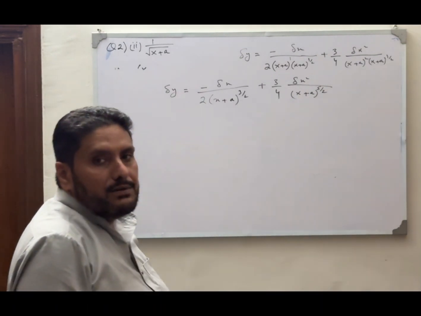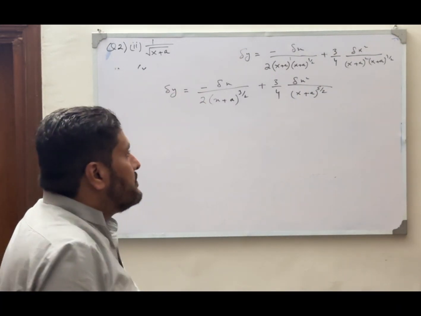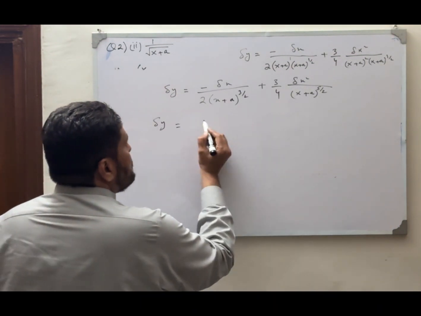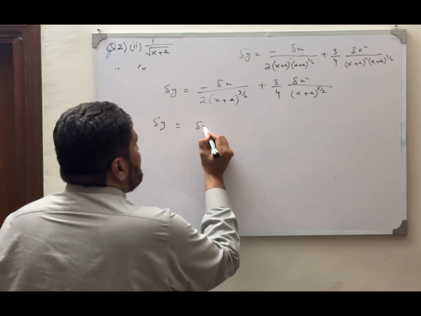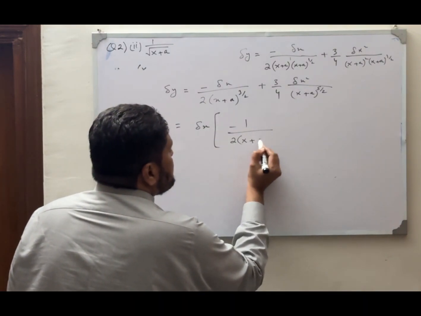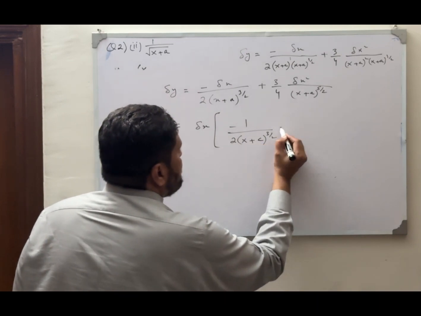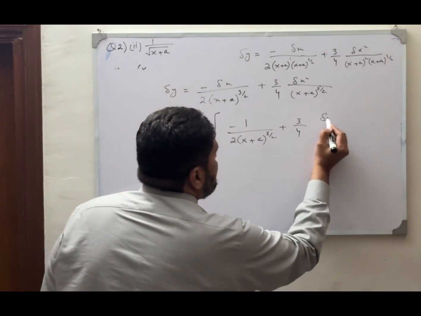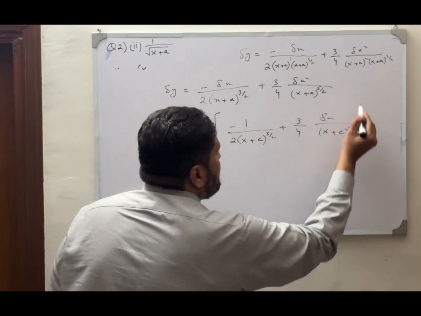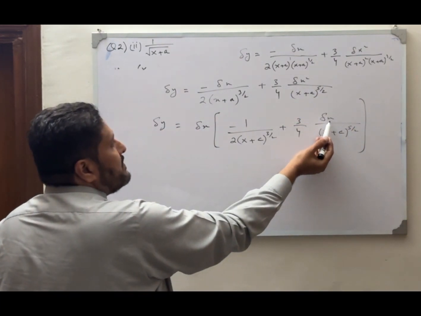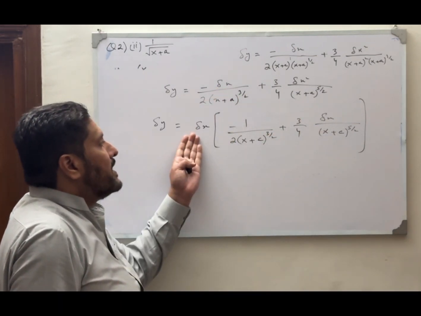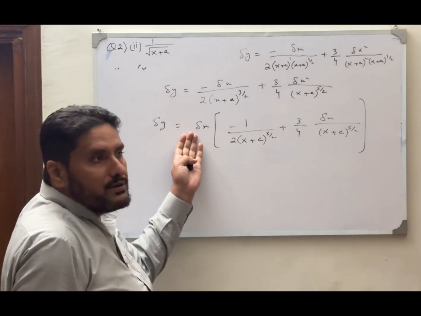Power 2 plus 1 by 2, taking LCM, that will give us a power of 5 by 2. Now taking delta x common out of these two terms, we have delta x into minus 1 over 2 into (x + a) power 3 by 2 plus 3 by 4 delta x over (x + a) power 5 by 2. We have taken delta x common, we have remaining one delta x because it was delta x square. So in the first term we have only delta x, so that will be taken as common.